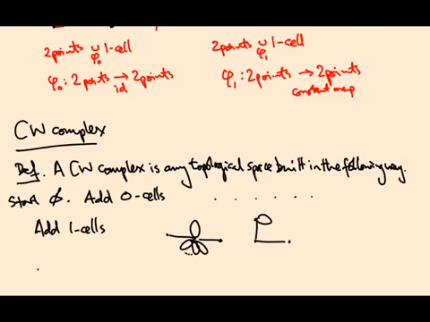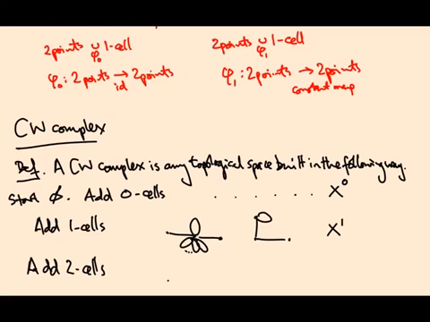And then you add to this 2-cells. So maybe I should give this a name. So this guy with just the 0-cells I'm going to call X0. This with just the 1-cells I'm going to call X1. You add 2-cells. Of course, you have to specify what the attaching maps are at each stage. And you end up with some space that I'm going to call X2.